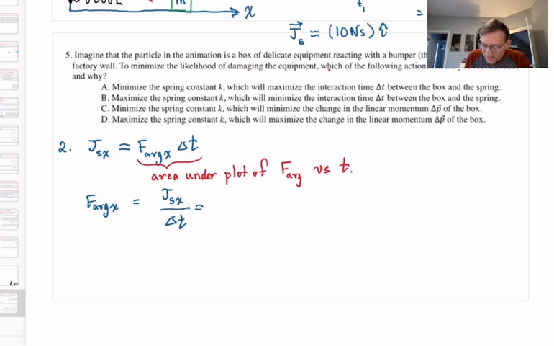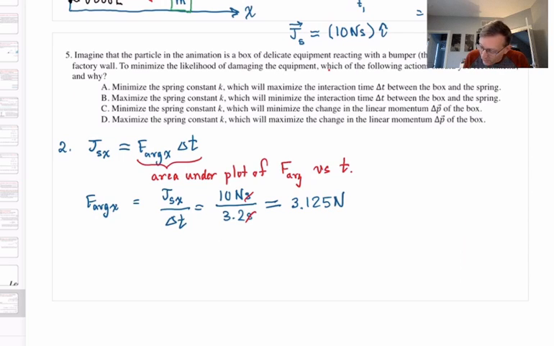But the x impulse on the block due to the spring is 10 Newton seconds, and I'm told the duration of the collision is 3.2 seconds. Note the units of seconds are going to cancel. I'm going to be left with a quantity with units of newtons, and that turns out to be 3.125 newtons.